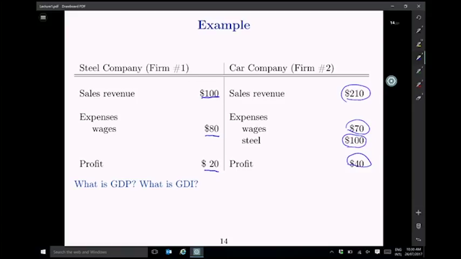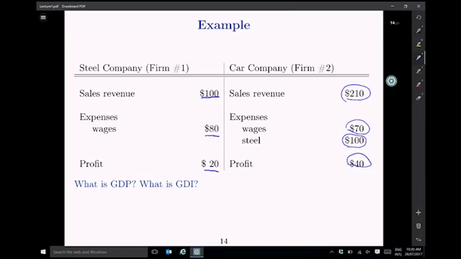So this is the setup of this simple economy. Now, how can we use the three methods to calculate GDP? Let's look at the first method, the total value of final goods and services. Which good is the final good in this economy? Cars, right? Steel is the intermediate input, because to produce cars, you need steel. So that means we use method 1.